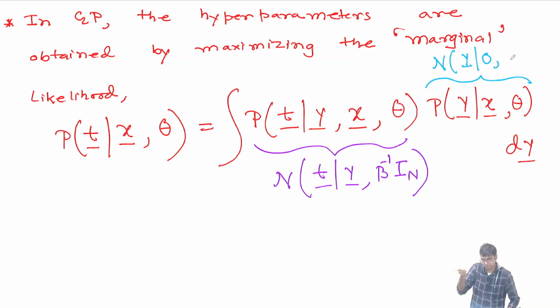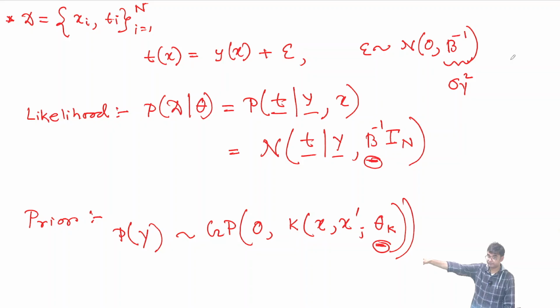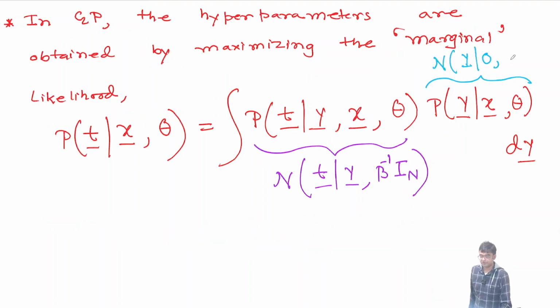What will then be the first element? K of x1 comma x1. Second element k of x1 comma x2. Then k of xn minus 1 comma xn, k of xn comma xn. I am not dividing component wise, because that is not needed for explaining this.